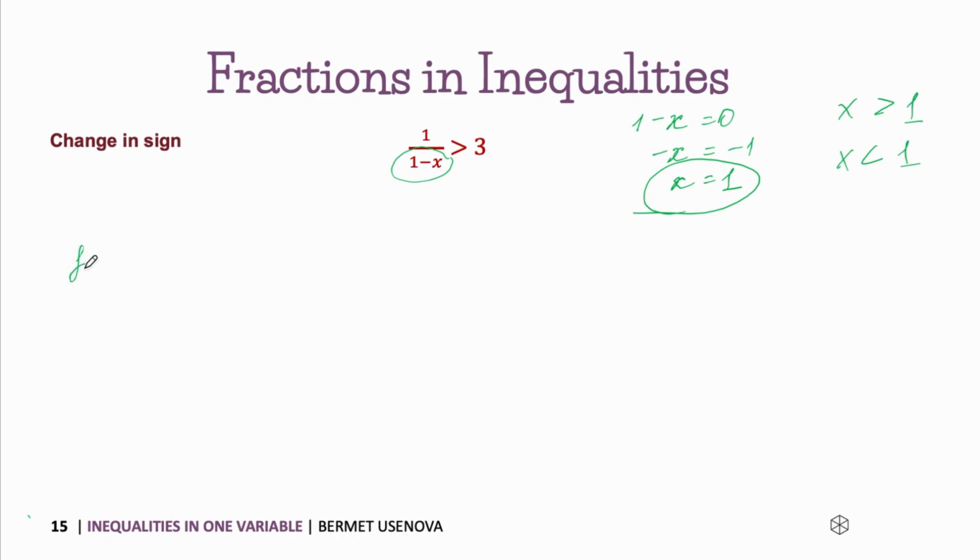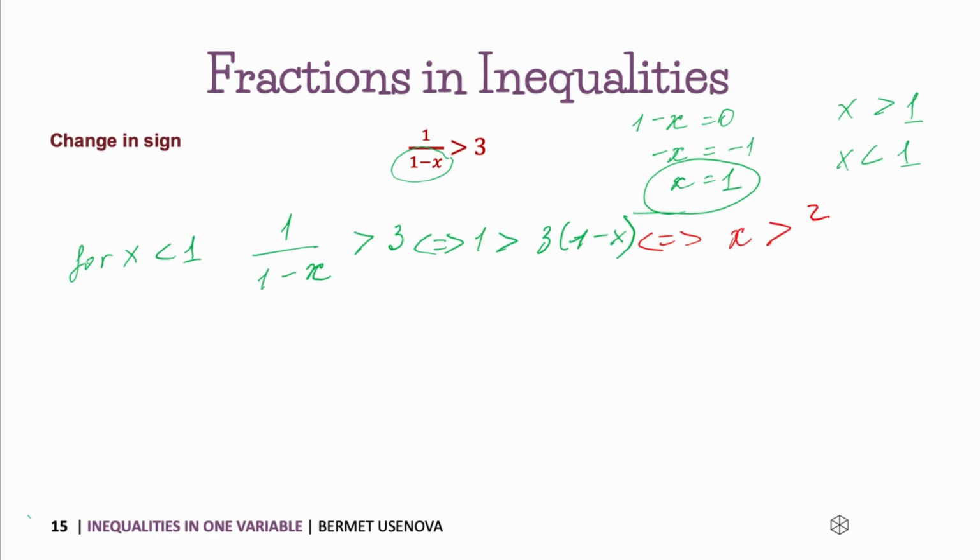So when x is less than 1, if we multiply both sides by 1 minus x, we will get, and it means that the solution set will lie in x greater than 2/3 for all x smaller than 1.